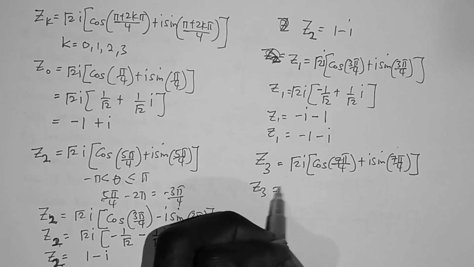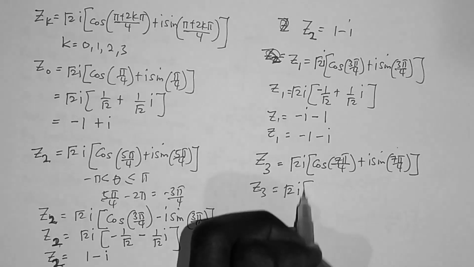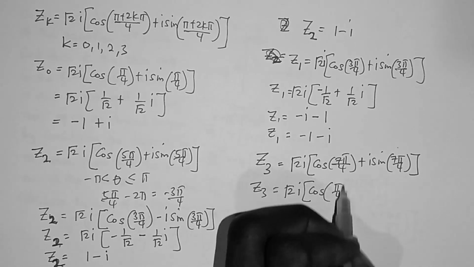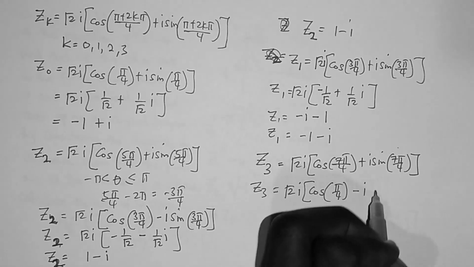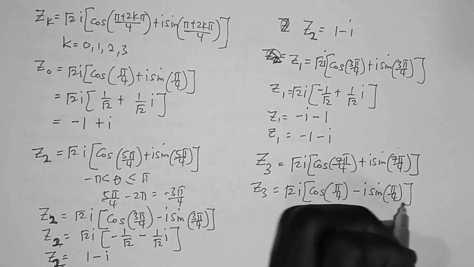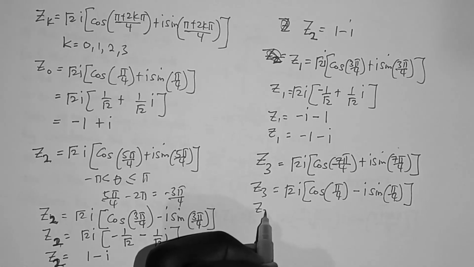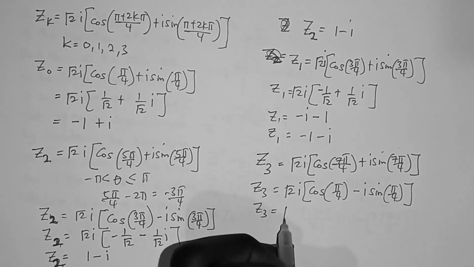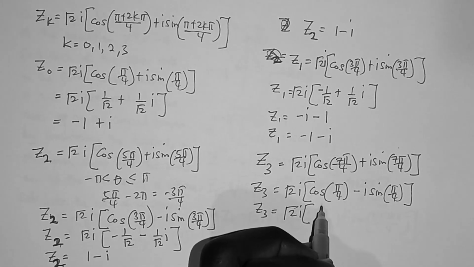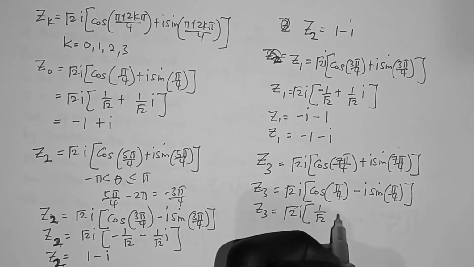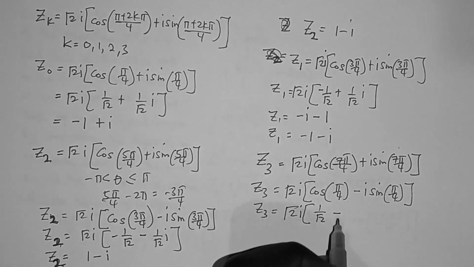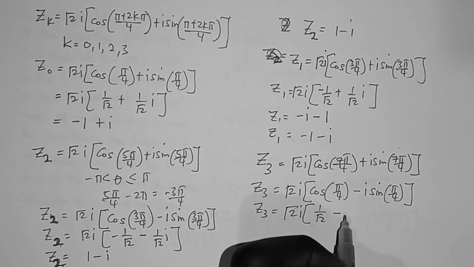So Z3 is equal to root 2 in brackets cos pi over 4 minus I sine pi over 4. So Z3 is equal to root 2, then in brackets cos pi over 4 is 1 over root 2, then minus sine pi over 4 is minus, also 1 over root 2.